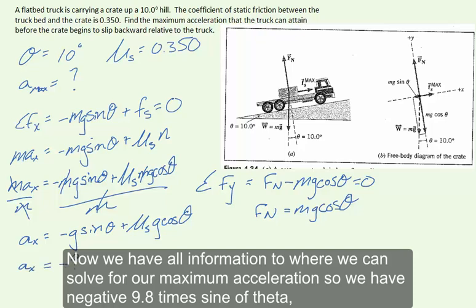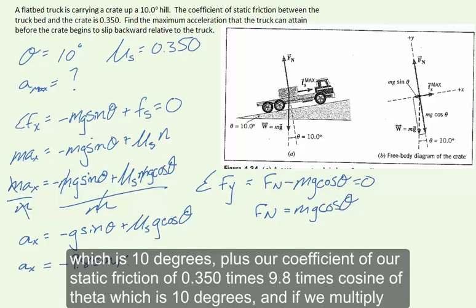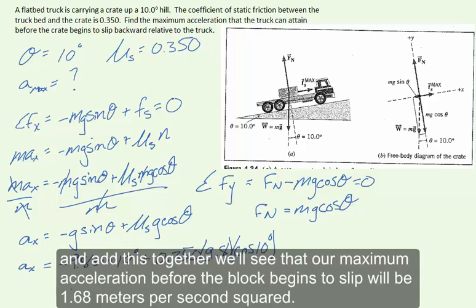So we have negative 9.8 times sine of 10 degrees, plus our coefficient of static friction of 0.350 times 9.8 times cosine of 10 degrees. If we multiply and add this together, we'll see that our maximum acceleration before the block begins to slip will be 1.68 meters per second squared.